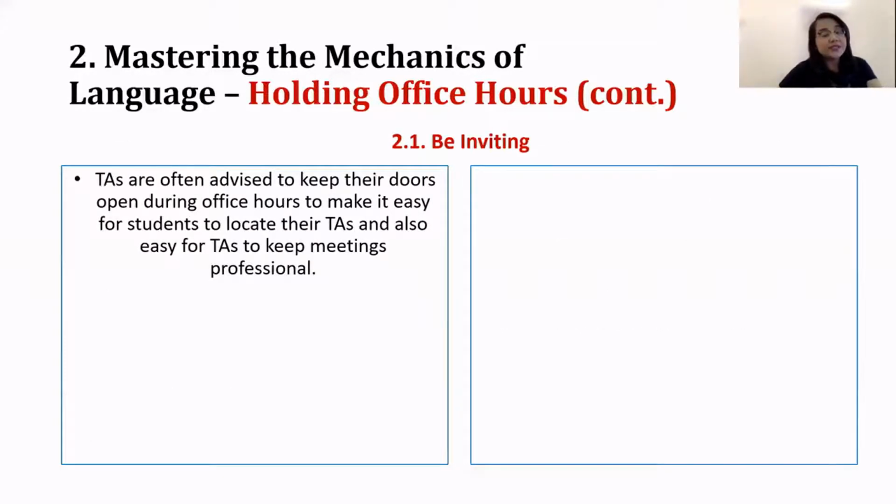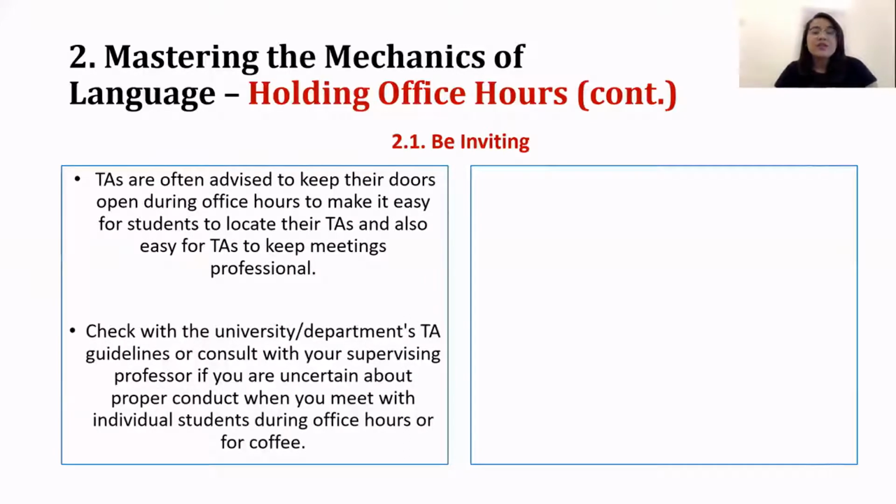Teaching assistants, or TAs, are often advised to keep their doors open during office hours to make it easy for students to locate their TAs, and also easy for TAs to keep meetings professional. Check with the university or department's TA guidelines, or consult with your supervising professor if you are uncertain about proper conduct when you meet individual students during office hours or for a coffee.